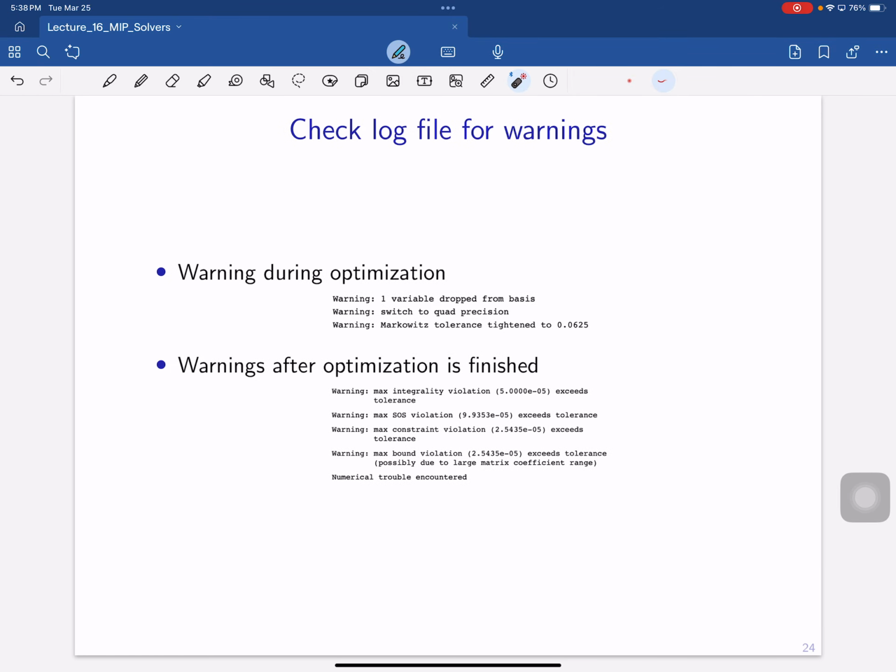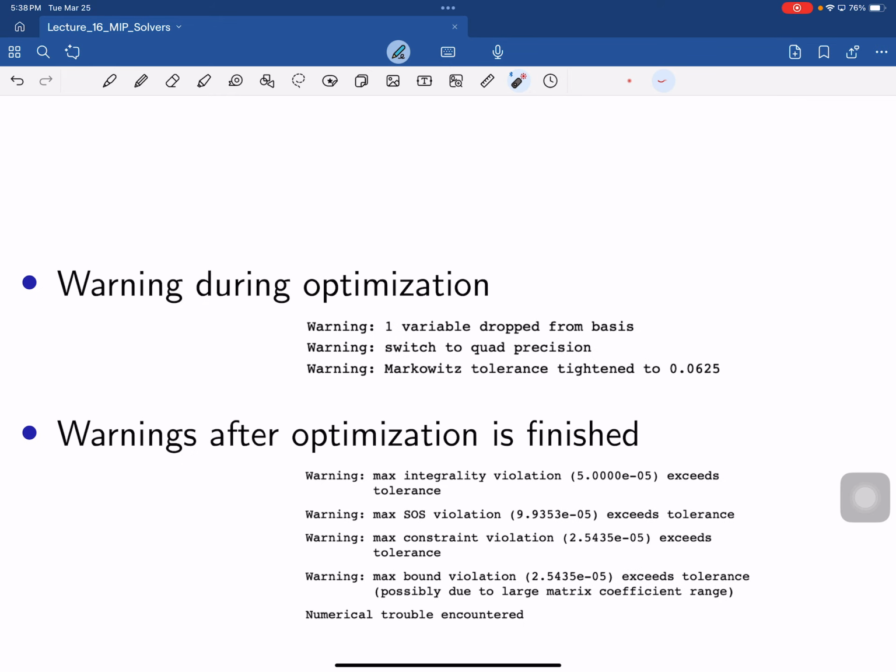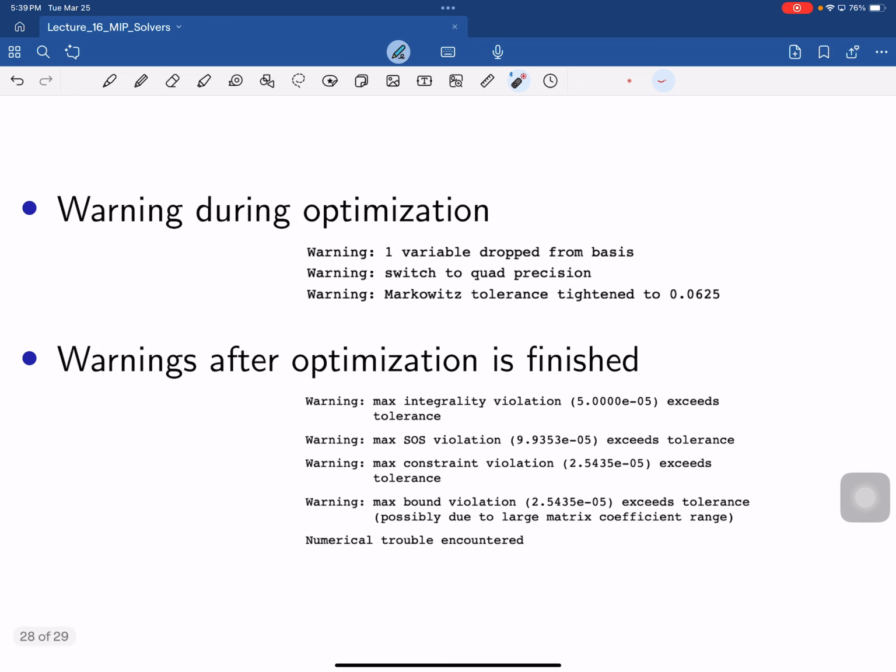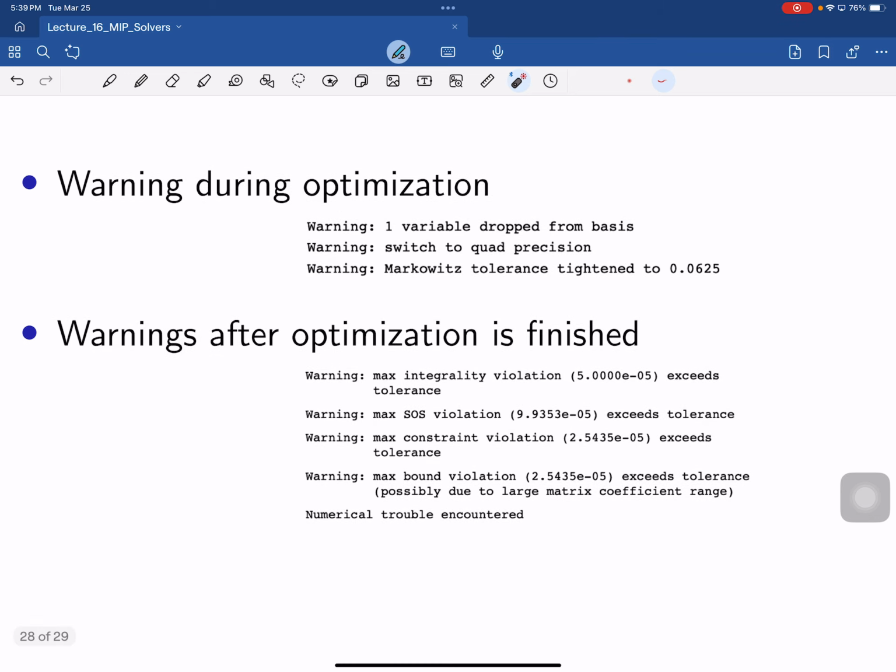Yeah, so then the other thing is to check the log file for warnings, right? It will give you warnings during optimization. For example, it will give you things like the tolerance is tightened. This typically means you have a very bad scaling in your problem. And then at the end, it will also tell you things like the max integrality violation exceeds tolerance, right?